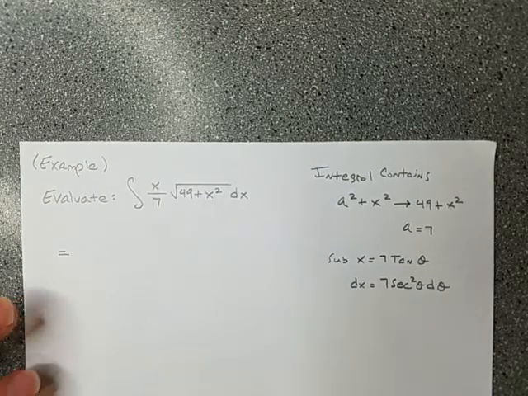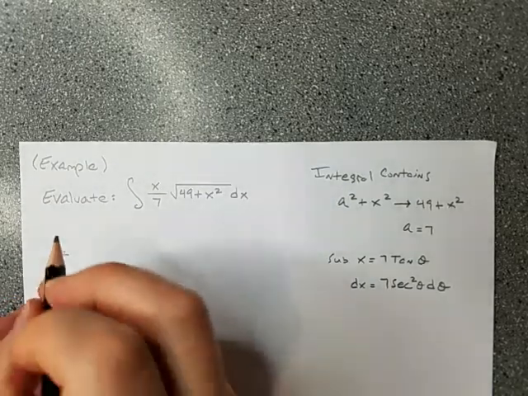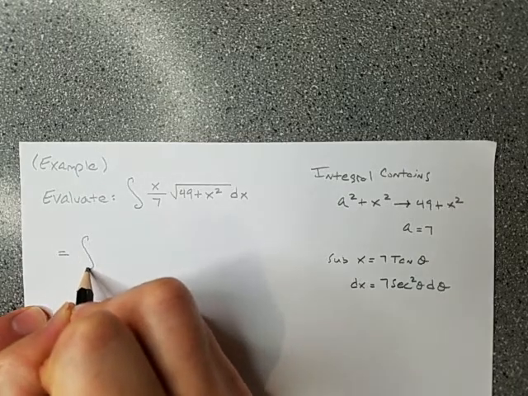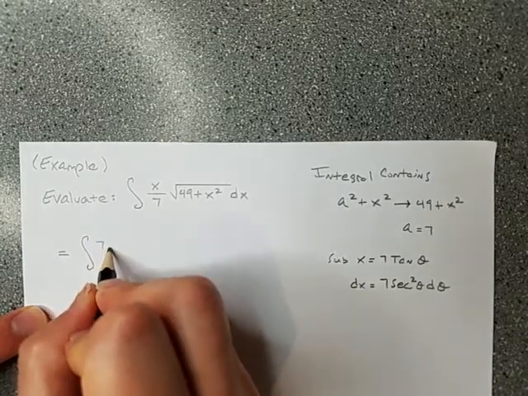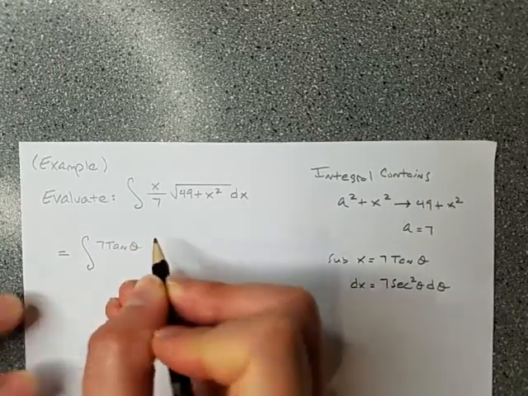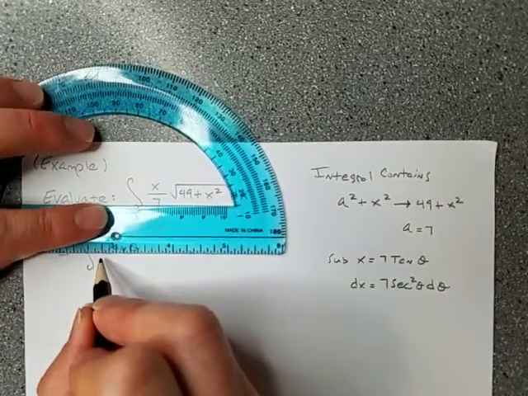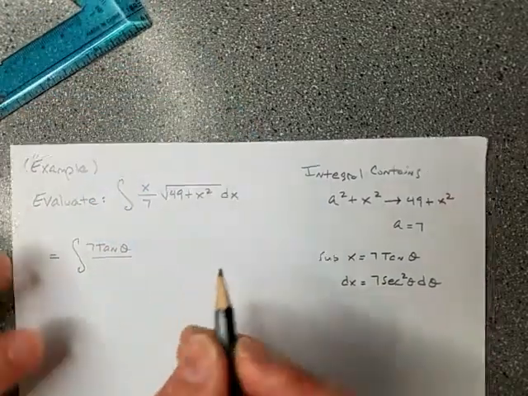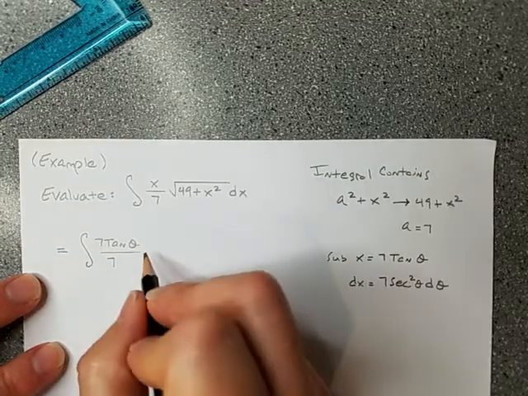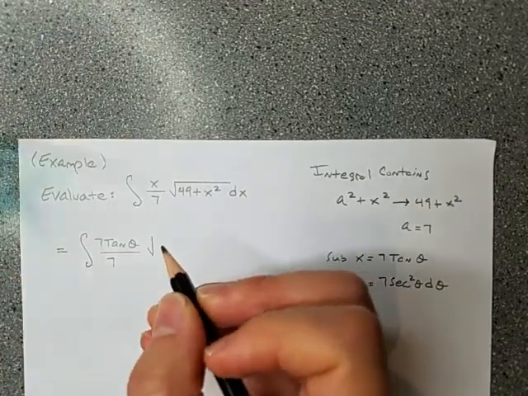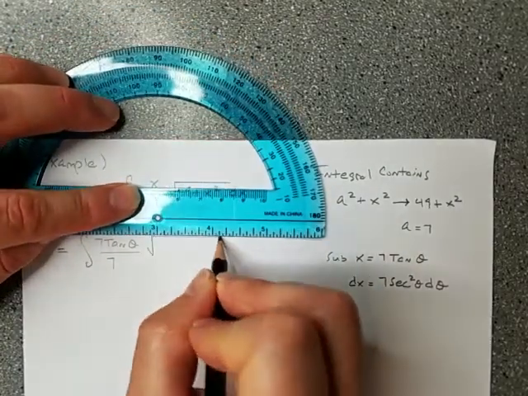I think I'll leave it there. So we have x, 7 tangent theta, over 7. And then here, root 49 plus x squared.